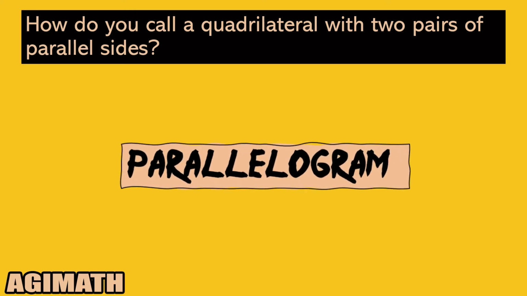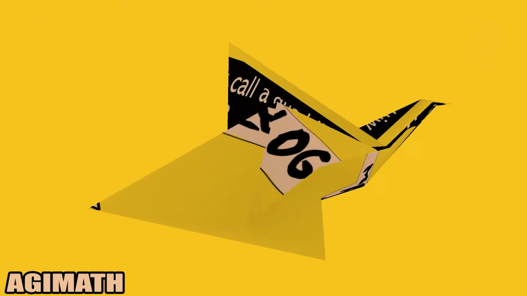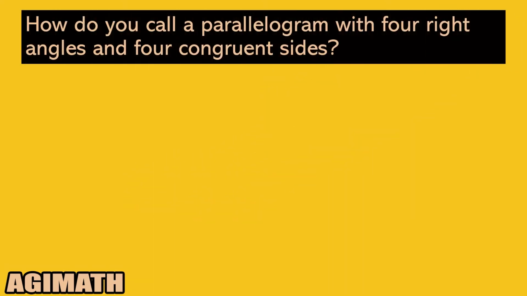That's it. Next question. How do you call a parallelogram with four right angles and four congruent sides? So the clues are the following. We have four right angles and four congruent sides. Recall that when you have a parallelogram, we have three special types of parallelogram. First is the rectangle.